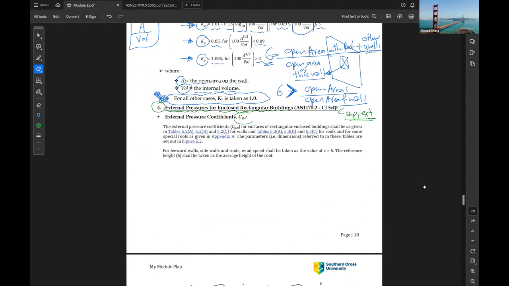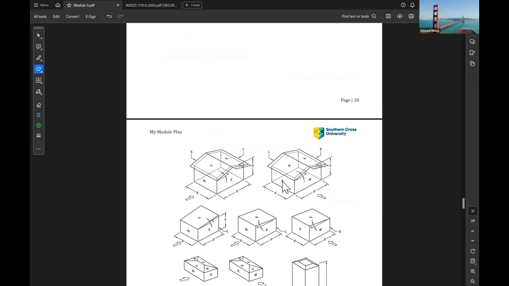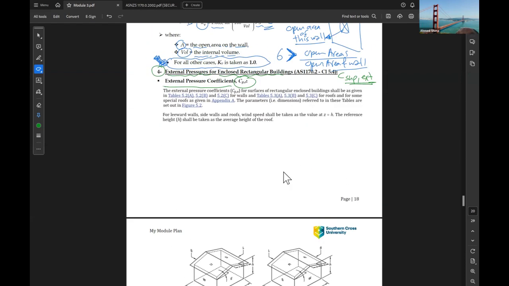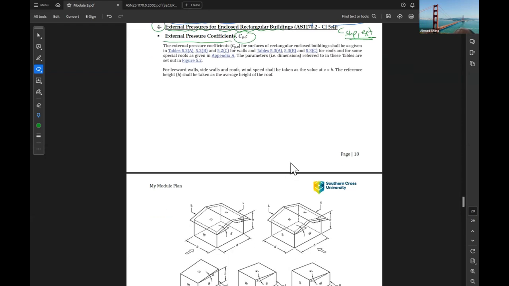C shape external again depends on the external pressure coefficient CBE. The CBE is, first of all, here we have a parameter called H. Again, what is H? H is the average height.